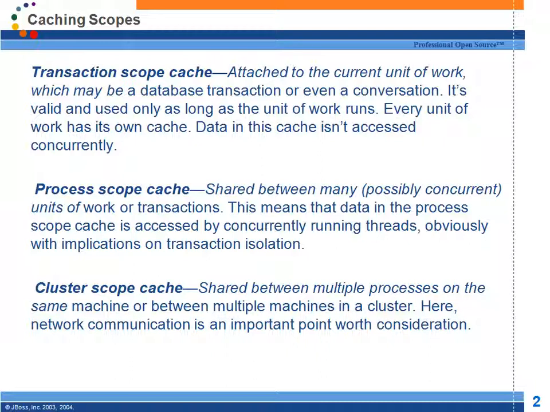This cache is attached to the current unit of work, which may be a database transaction or even a conversation. It is valid as long as the unit of work runs. Every unit of work has its own cache. Transaction scope cache is nothing but the first level cache, the session object.